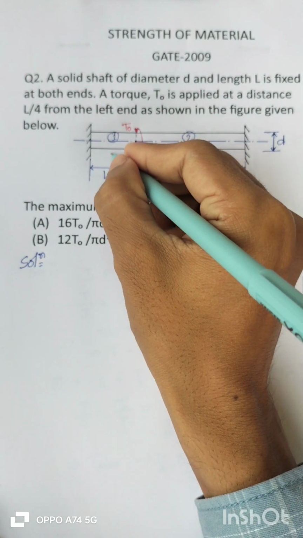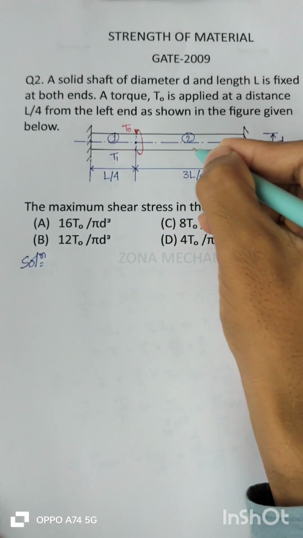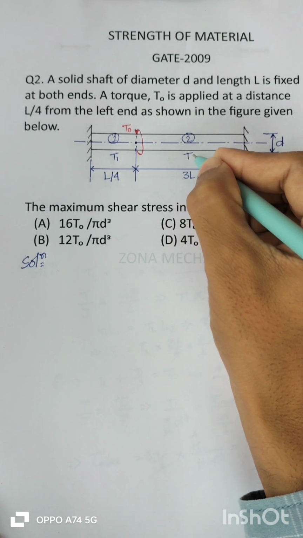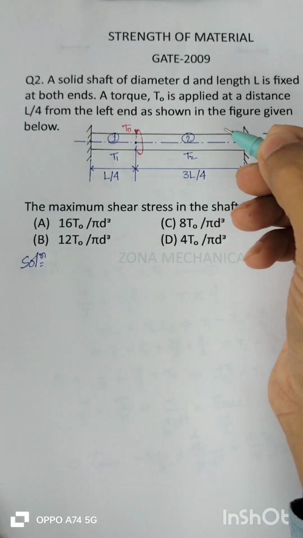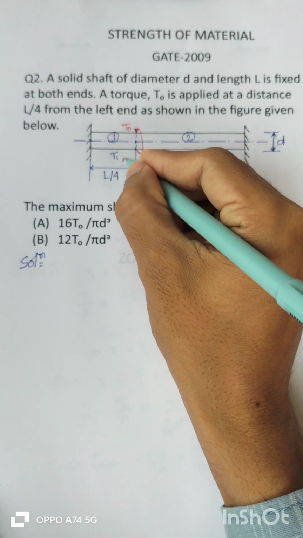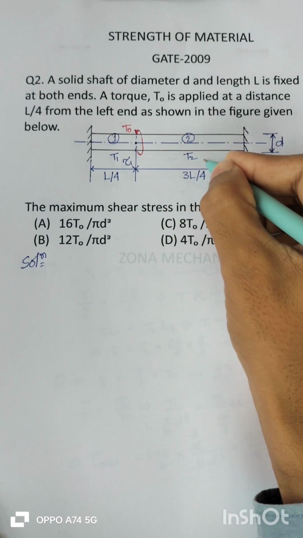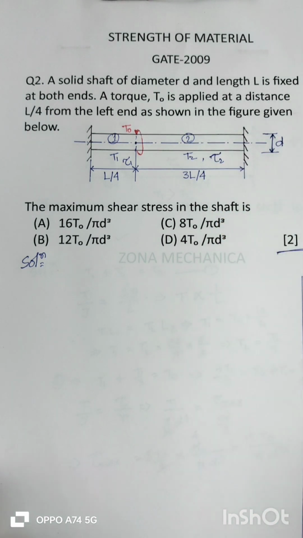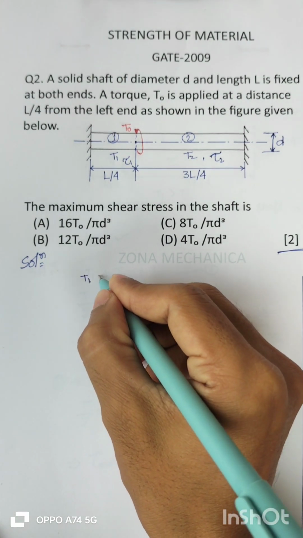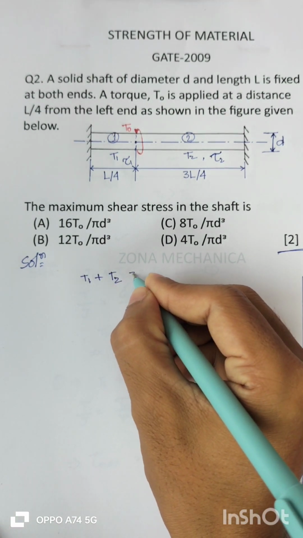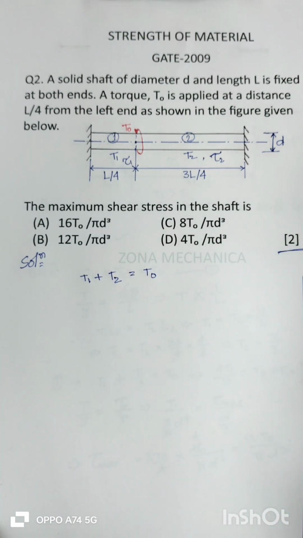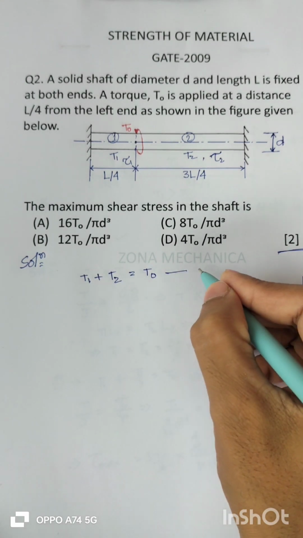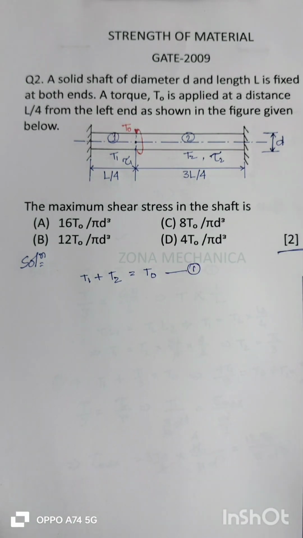The torque developed here is T1, and in segment 2 is T2, and the corresponding shear stresses are tau 1 and tau 2 respectively. So clearly we can say T1 plus T2 is equal to T0, since this is a parallel connection. This is equation number 1.